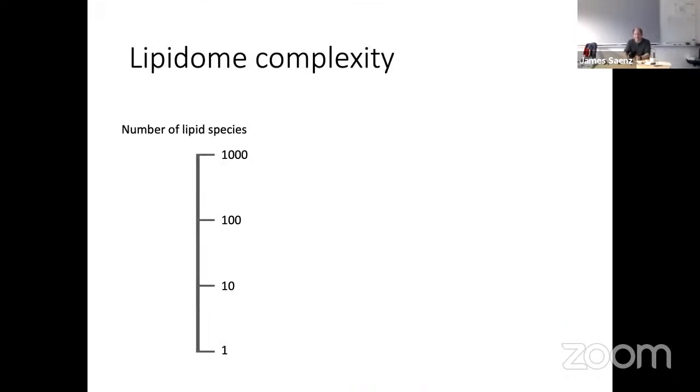Okay. And finally, let's think about the complexity. We want to understand these principles of lipidome adaptation, but it's very difficult in mammalian organisms and eukaryotes, which have been the most well studied, because they have very complicated lipidomes, hundreds of lipids. It makes it very difficult to pinpoint specific patterns. Now, our approach has been to go to prokaryotes and think about some of the simpler organisms that might have simpler lipidomes.